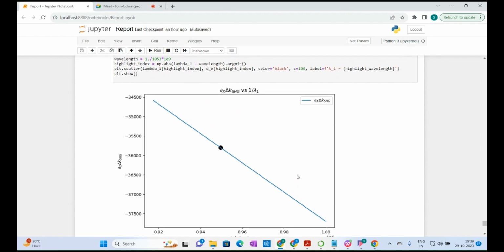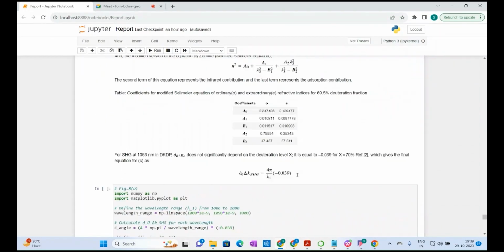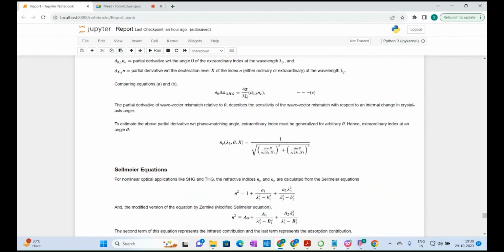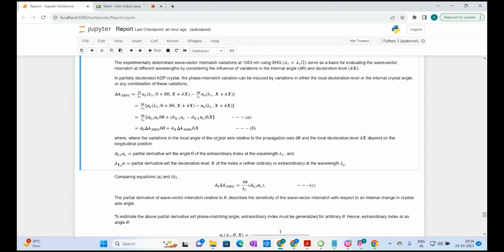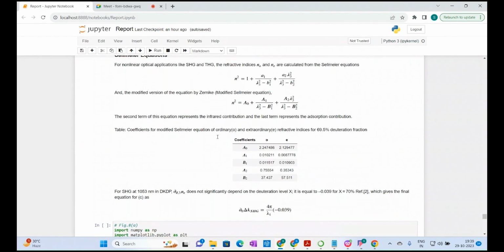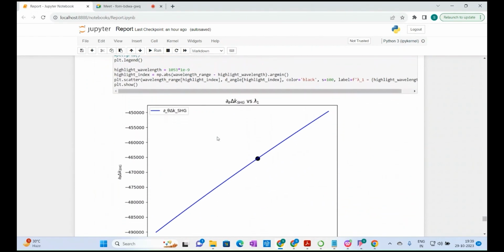So for a certain range of wavelengths where the partial derivatives in this equation remain relatively stable, it is observed that variations in crystal properties like its angle and deuteration level follow similar trends concerning phase matching.